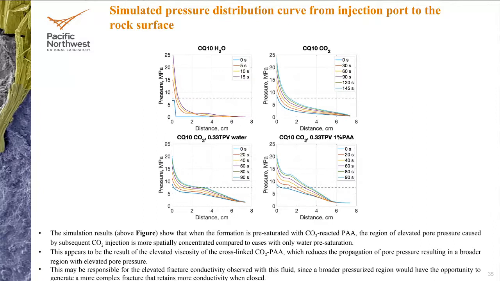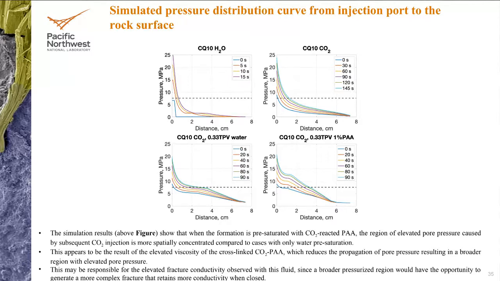In the case of CO2, we have a longer distance at which the pressure is higher than the minimum principal stress, or the minimum pressure required to fracture the rock. And then for water CO2, same thing, a little bit more maybe. It gets all the way to 3 centimeters.